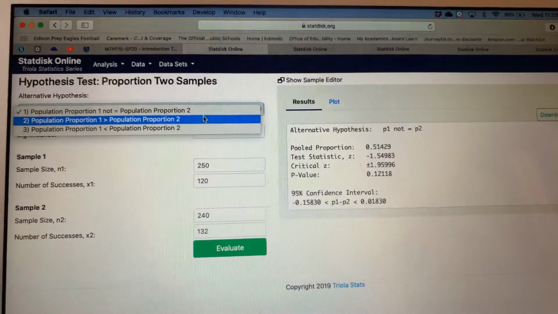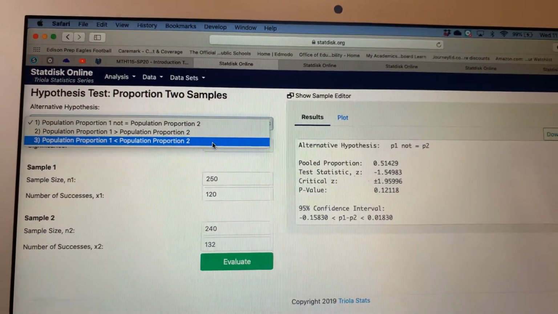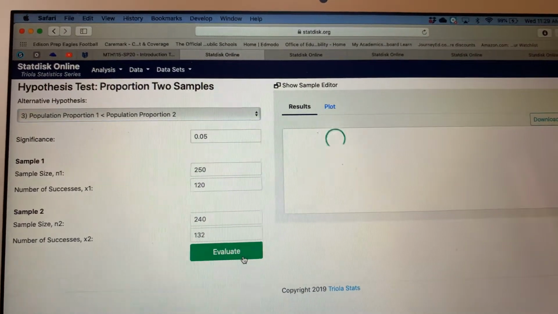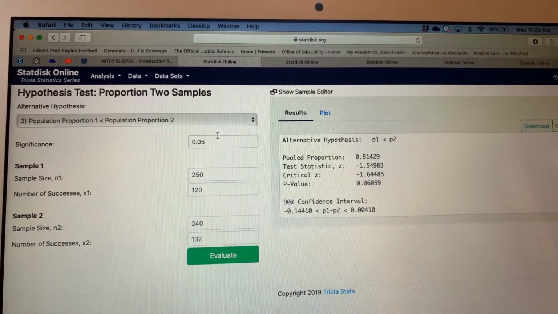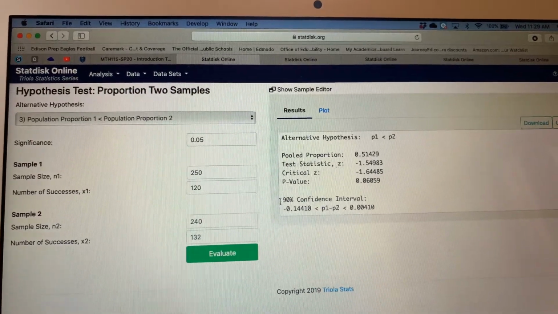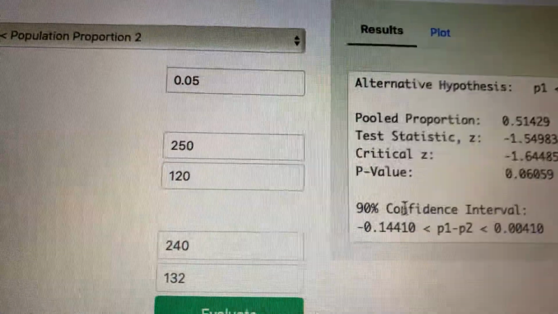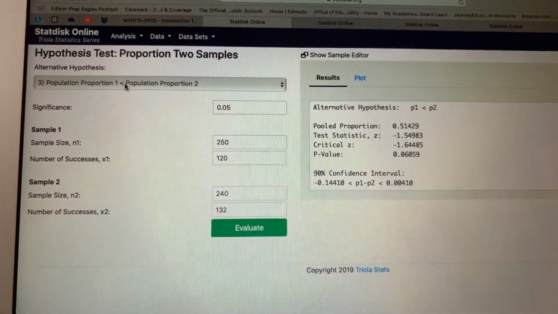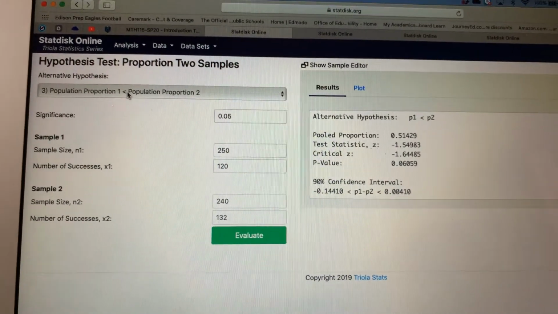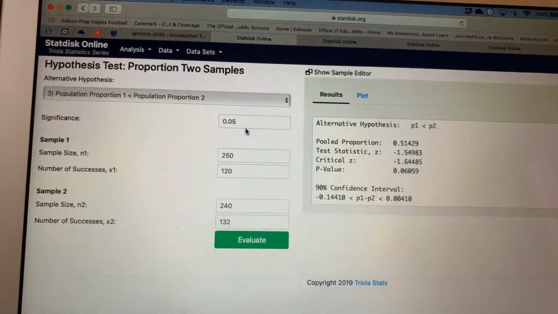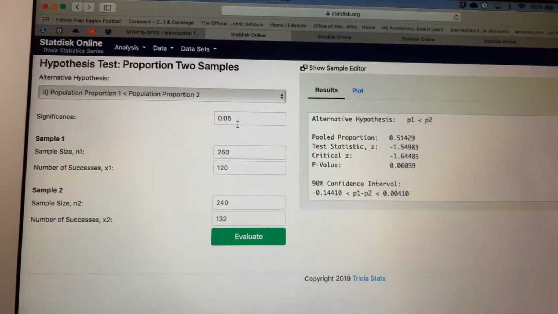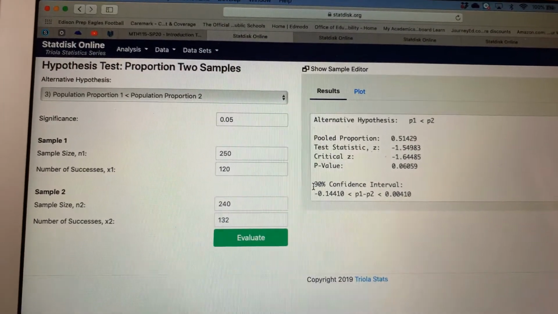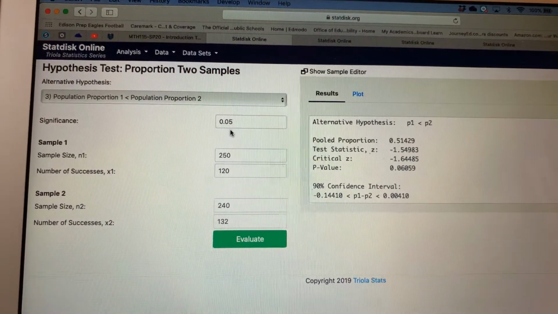But if I instead wanted to say, I think the proportion of women is greater than men, so that the first proportion is smaller than the second proportion, and I evaluate this, notice, even though I kept my significance level the same at 0.05, it now says a 90% confidence interval, because an alternative hypothesis of less than is just a one-tailed test. And so I would have my 0.05 proportion on that left tail, 90% in the middle, and then 0.05 on the right tail as well, but I'm not worried about the right tail, so all 0.05 is on the left.